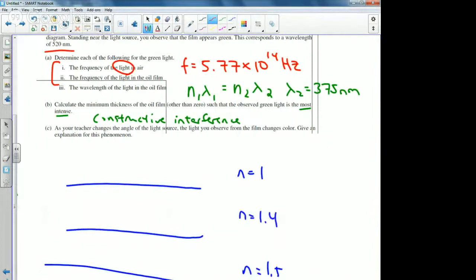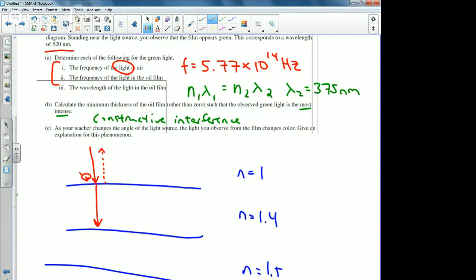In this case, light goes in at 0 degrees, and it balances off: it partially goes through and partially reflects. Partial reflection, partial refraction.